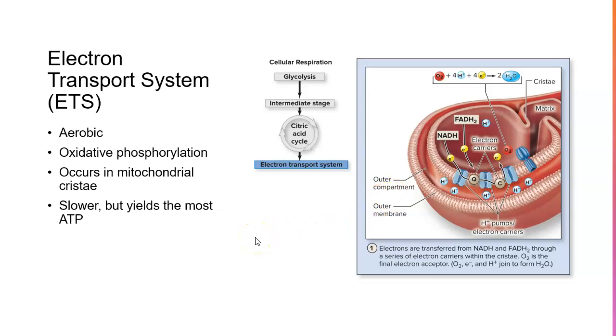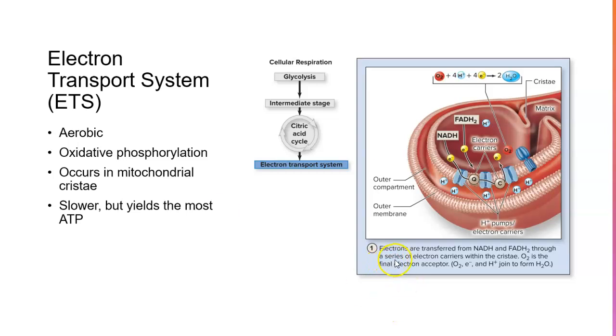Now, a couple of important things here. In order for the electron transport system to do its job, there has to be plenty of oxygen available. So it is an aerobic process. It's oxidative phosphorylation. Remember, we covered that already. It occurs in the mitochondrial cristae, which is the inner membrane. It's a slow process, but it makes the most ATP.